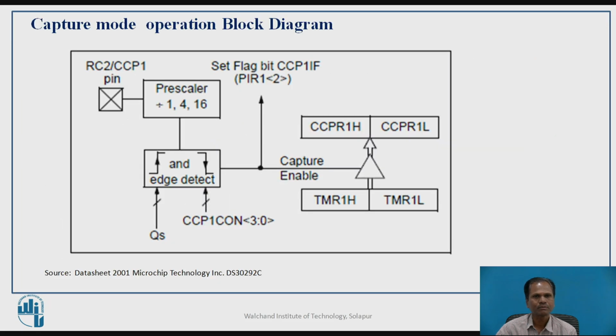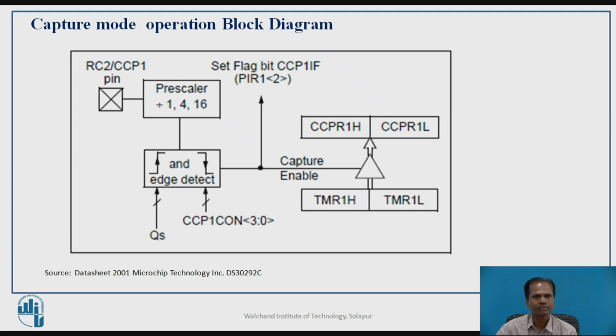Now this figure shows the internal functional block diagram of CCP module for capture mode of operation. The event that is sensed in terms of pulses is received on the RC2/CCP1 pin.